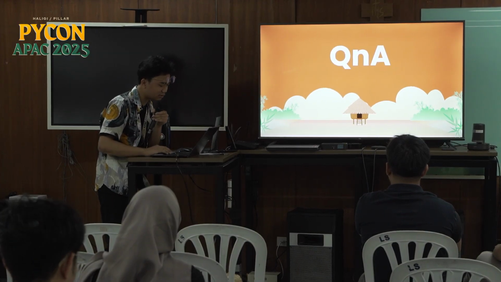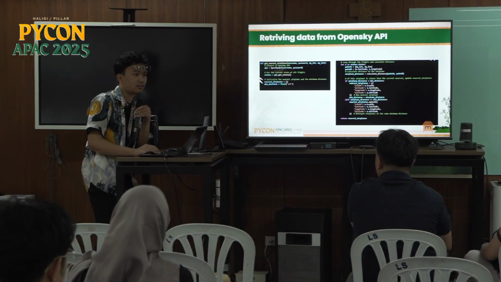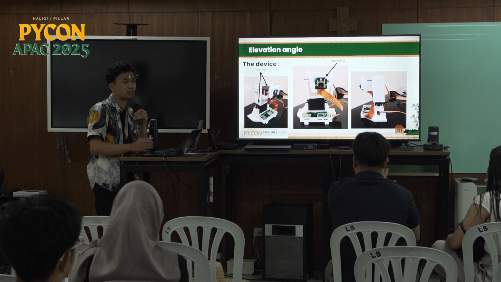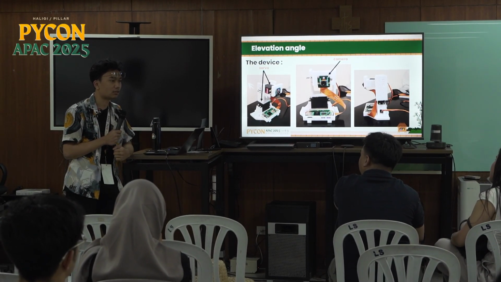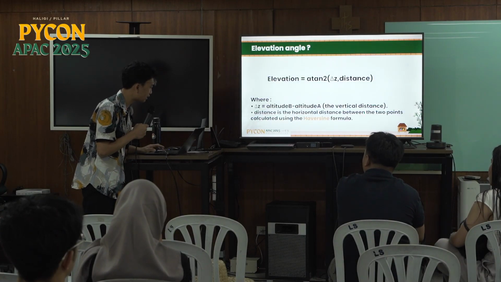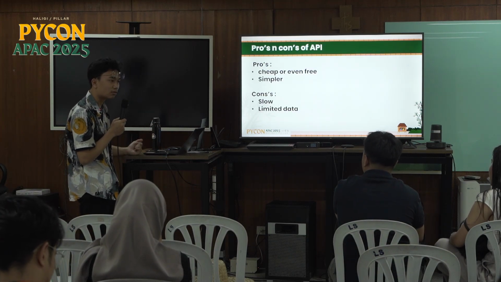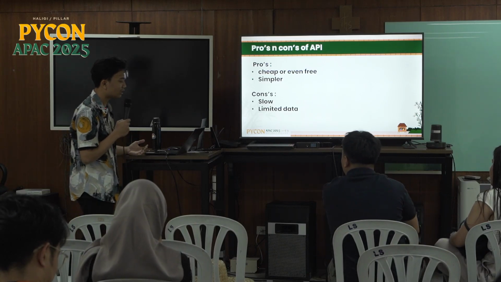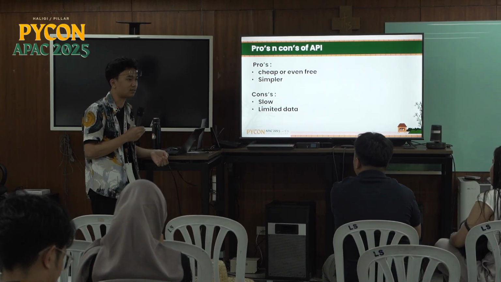Got so much time. I have a question though. Does the OpenSky API have as much data as, let's say, Flightradar24? No, because with the OpenSky API, it has limited data compared to the commercial one. It only picks up data from SDRs that people contribute to the network.